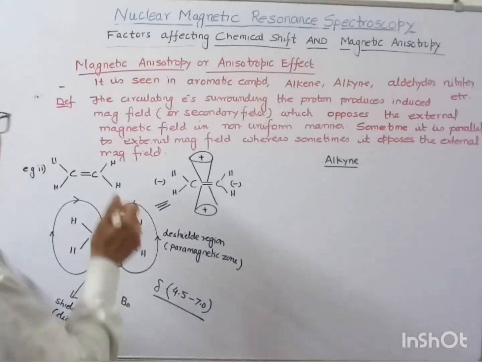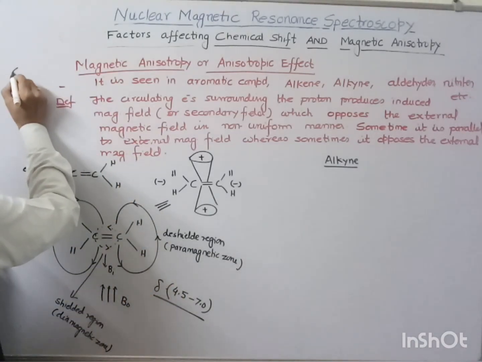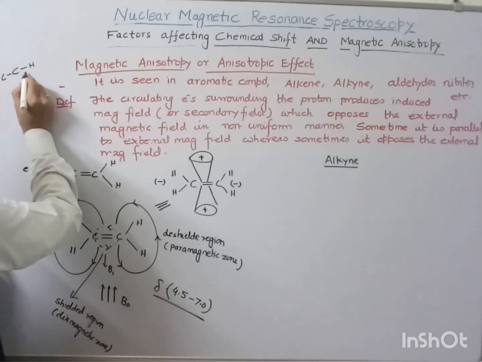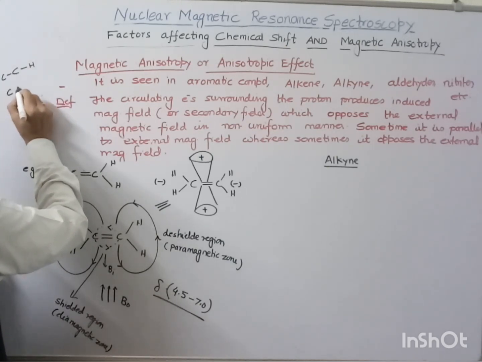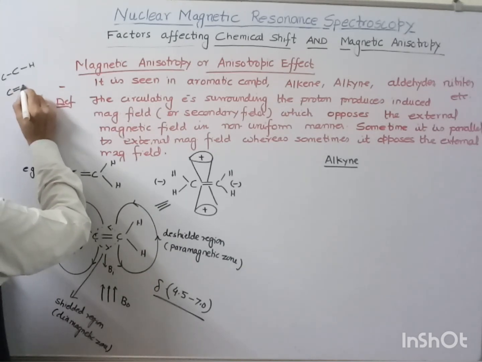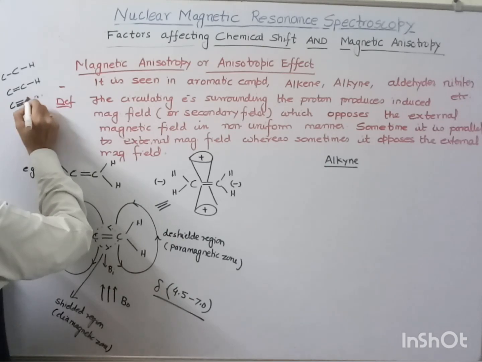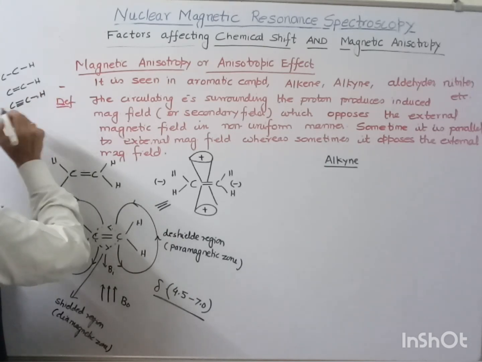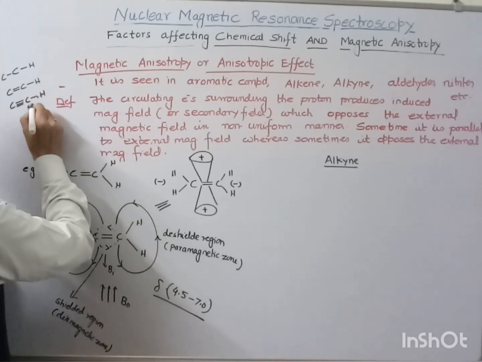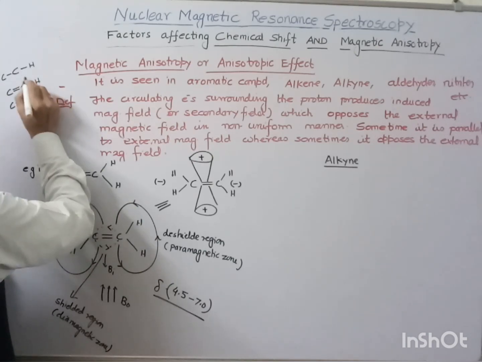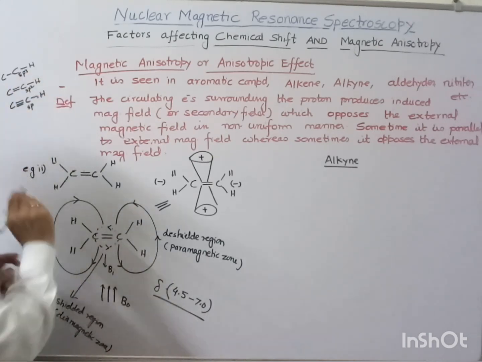Now suppose the proton is connected to an sp2 hybridized carbon, or in this case to an sp hybridized carbon. So this is sp, this is sp2 and this is sp3.